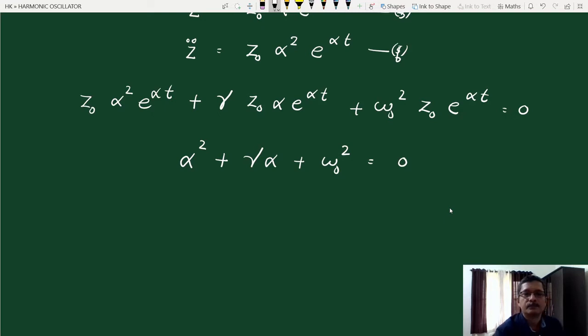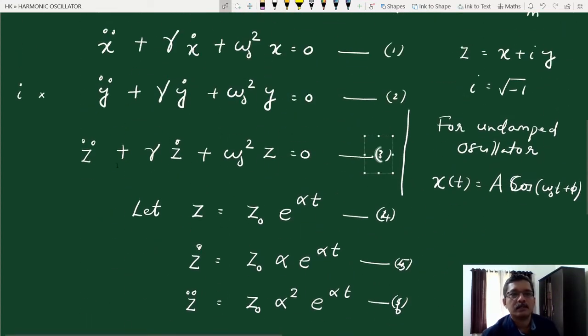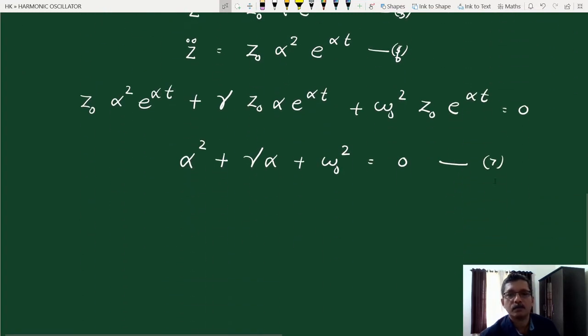The differential equation is converted into an algebraic equation, right? Look at equation 3. This is a differential equation. When you do this substitution, this is converted into an algebraic equation. Now this is a quadratic equation in alpha, so you can get the solution.